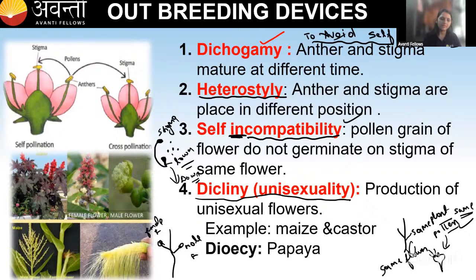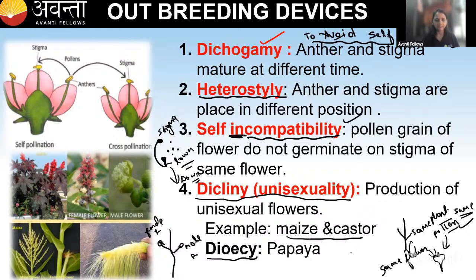That is called diclinism, producing unisexuality. Another is dioecious. In papaya, we can take an example. The male papaya plant is different and the female papaya plant is also different.